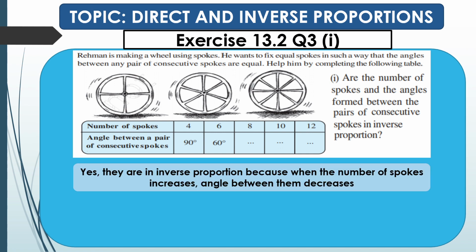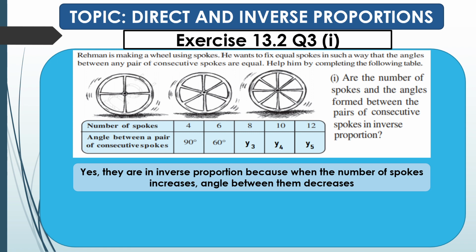So first part we will answer, yes, they are in inverse proportion because when the number of spokes increases, the angle between them decreases. One quantity increases, the other quantity decreases. So here you can see for 4 spokes, the angle between the pair of consecutive spokes is 90 degree.